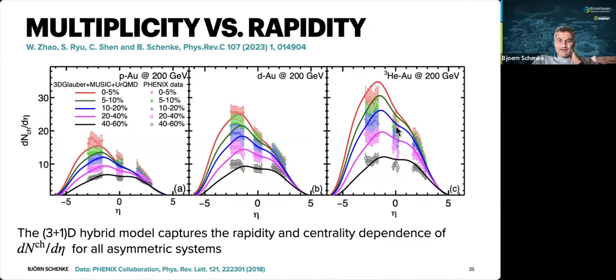This is the result on the right-hand side for helium-3-gold. It's pretty well described. Deuteron-gold as well, and proton-gold. We underestimate maybe a little bit in the forward, positive rapidities, but overall I think it's a good agreement compared to what a boost invariant model would get, which is a straight flat line.